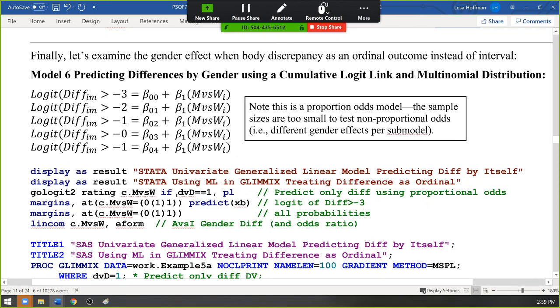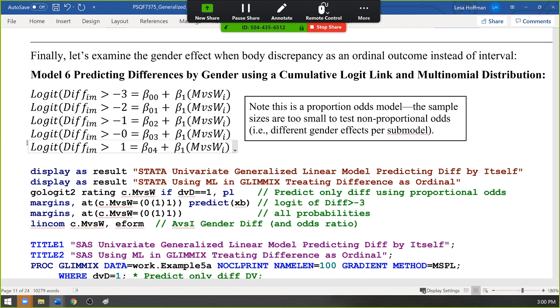So I set up a model. This is model 6 on page 11 that treated the difference as ordinal. It works out that there's only 5 different values that the different scores were. I think this one should be a positive one. That's a typo.